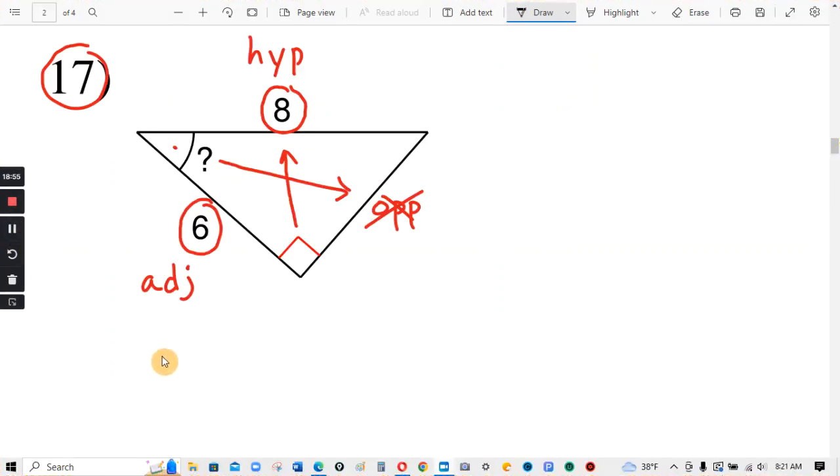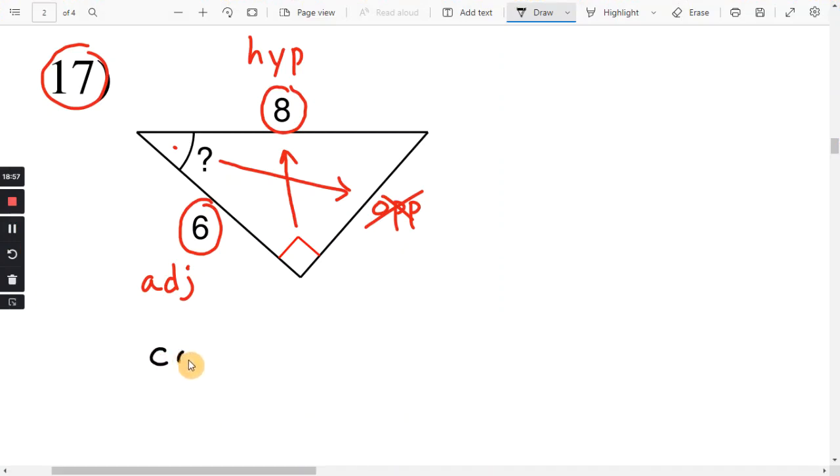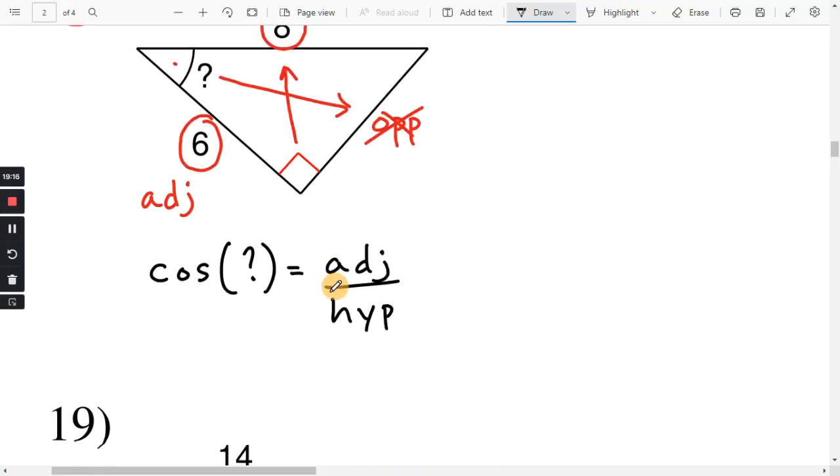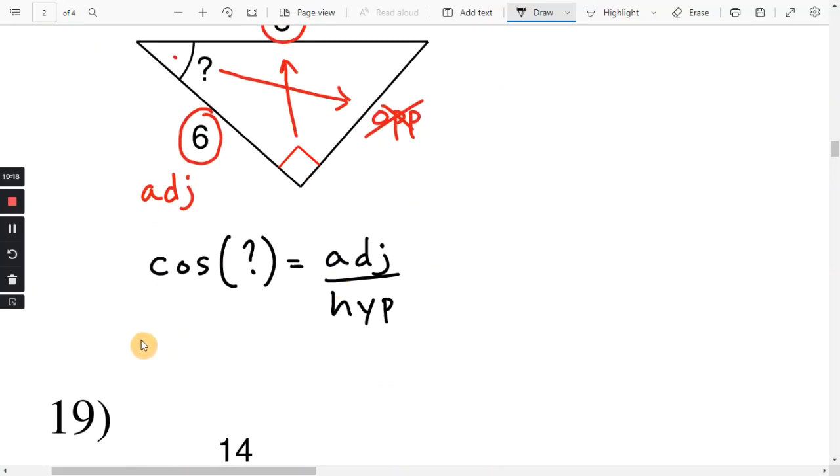All right, the cosine of the angle question mark is going to equal adjacent over hypotenuse. All right, you want to do inverse cosine on both sides to cancel out this cosine. So leave some space as always.